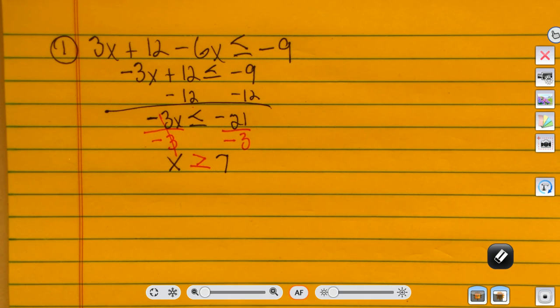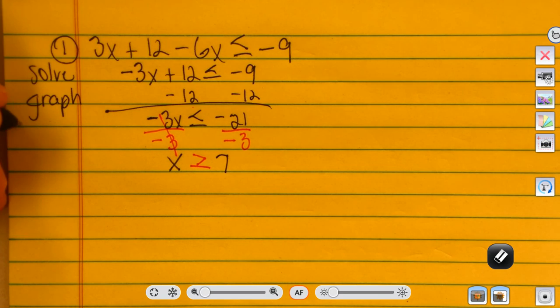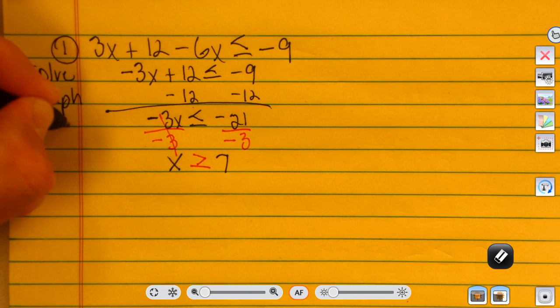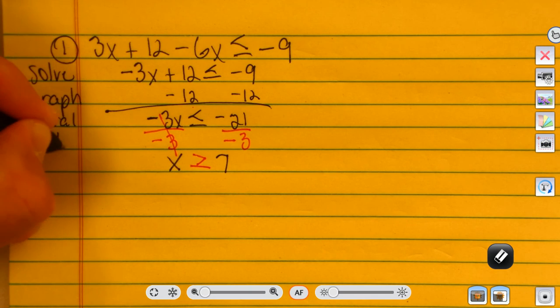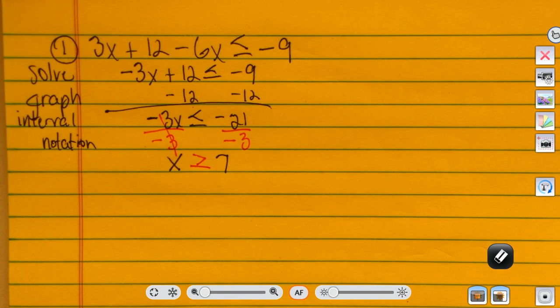Now, I'm not done here because these problems ask for us to solve, graph, and give my answer in interval notation, which is not hard. So the first thing I'm going to do is I'm going to graph it.